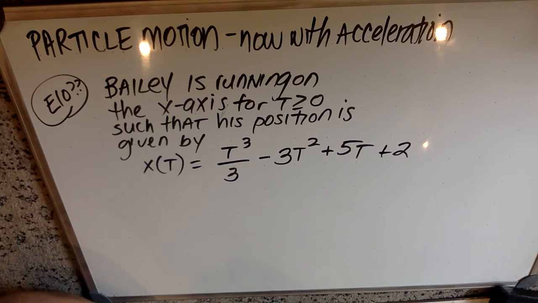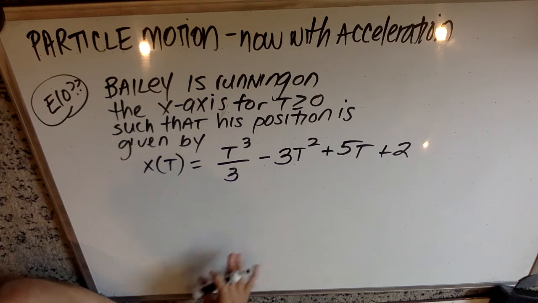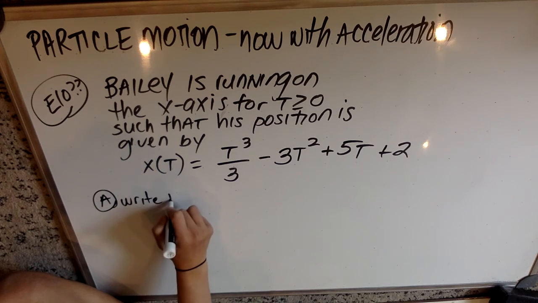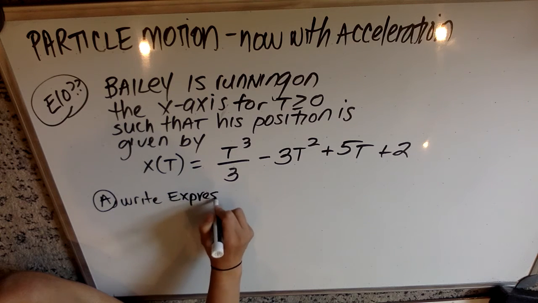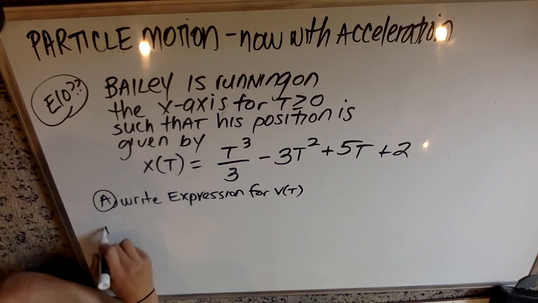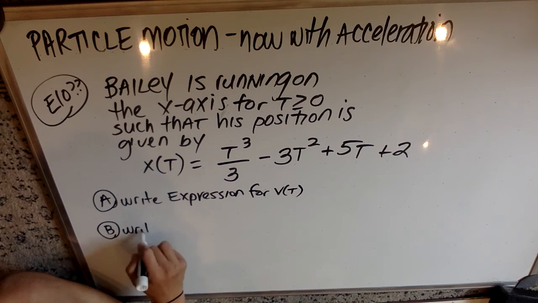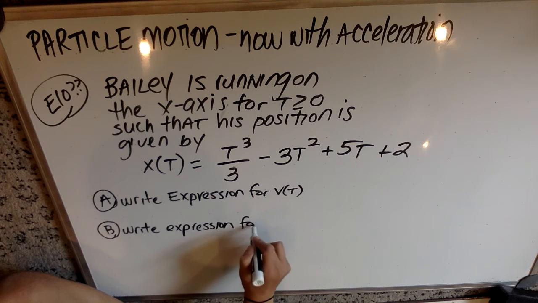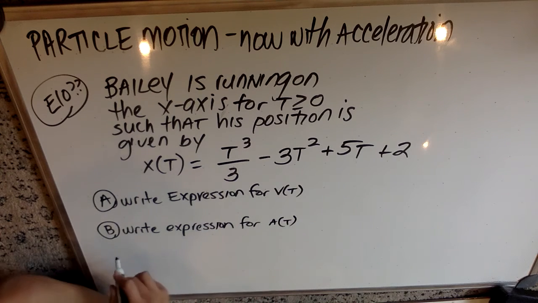So we're going to walk through, and we might not do an example 10 of this. We might just walk through it. We'll see. Okay, so A, write an expression for v of t. B, write an expression for a of t.